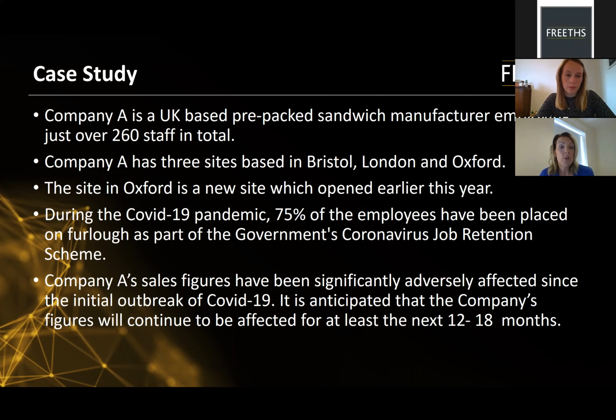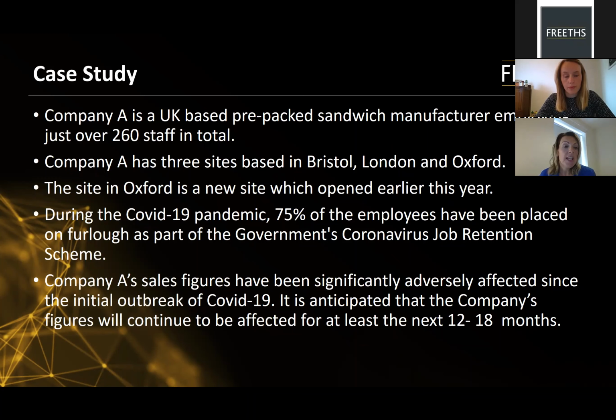The new site in Oxford opened earlier this year, but due to the COVID pandemic, 75% of employees have been placed on furlough as part of the government's coronavirus job retention scheme. They have noticed their sales figures have been significantly adversely affected during the initial outbreak of COVID-19, and it's anticipated that the company's figures will continue to be affected for at least the next 12 to 18 months. So a scenario that I'm sure a few businesses are currently in.